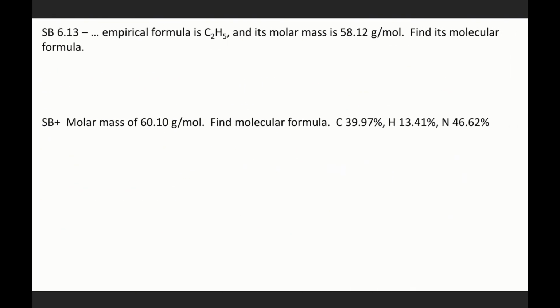All right, let's go ahead and solve some. If my empirical formula is C2H5 and the molar mass of my molecule is 58.12, find its molecular formula. If it doesn't otherwise say, we're talking about the molecule. So I take my 58.12 because that's my molecule, and divide it by the molar mass of C2H5, which is 2 carbons and 5 hydrogens.